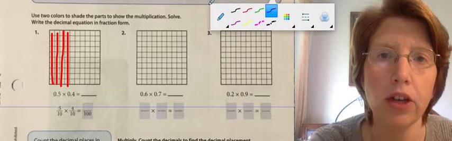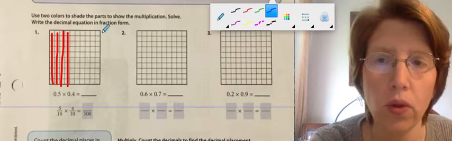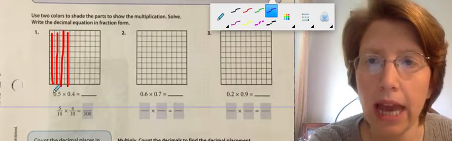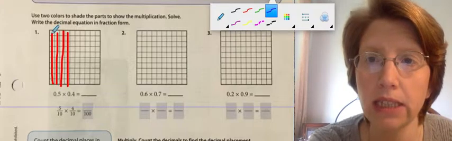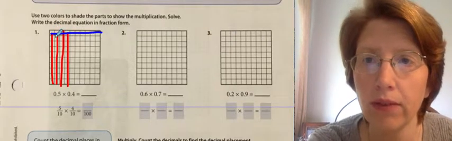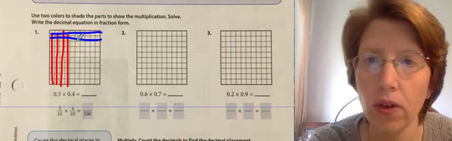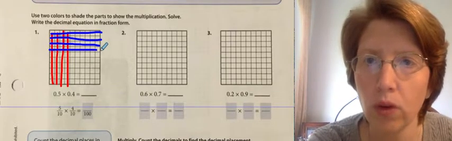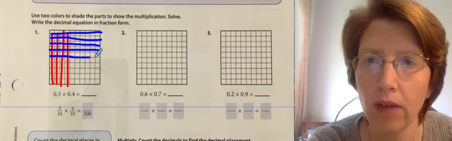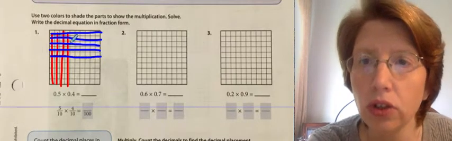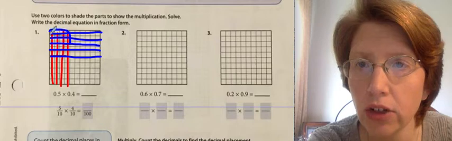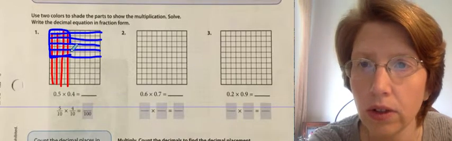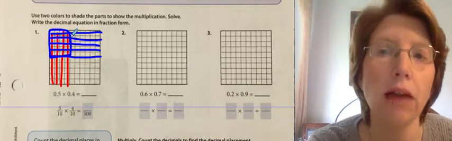Now, I'm going to pick another color, and I'm going to go this way. So now I want 5/10. So I'm going to color in 5 this way. 4, 5. Now my answer is this section here that overlaps.